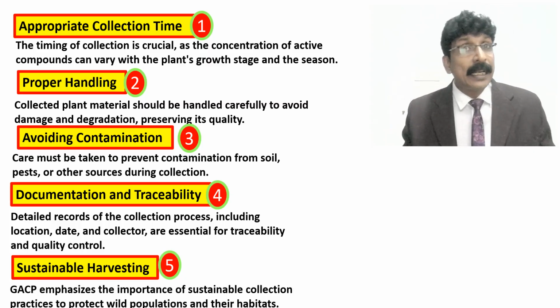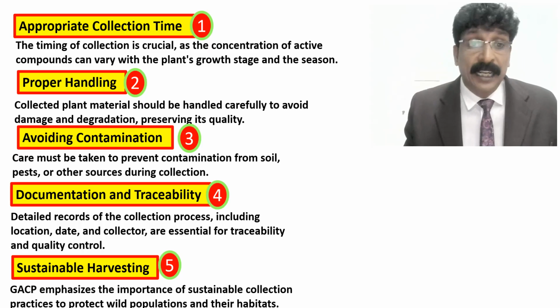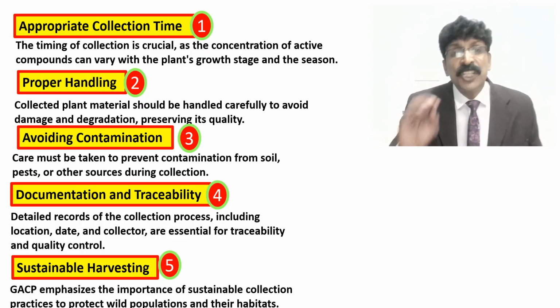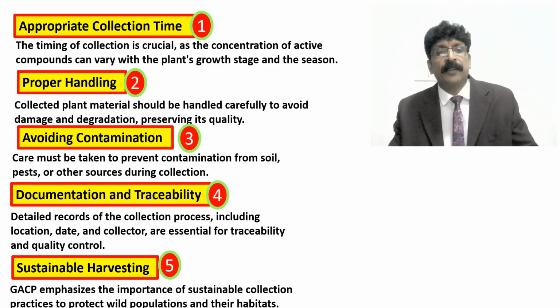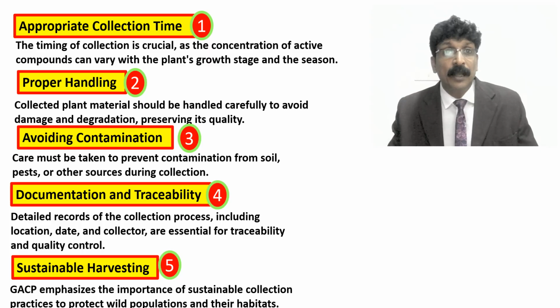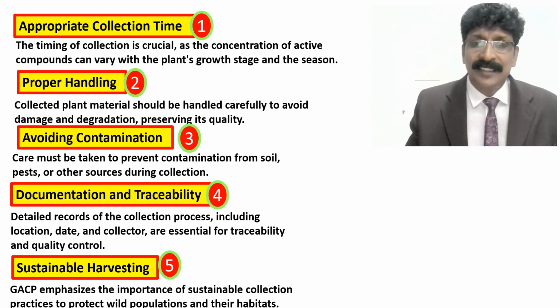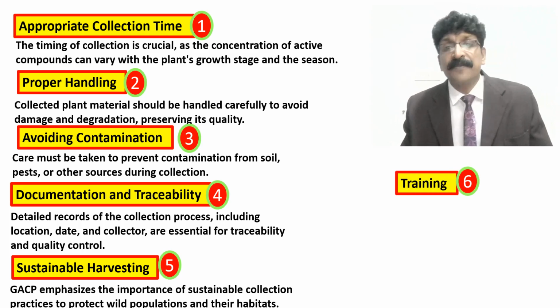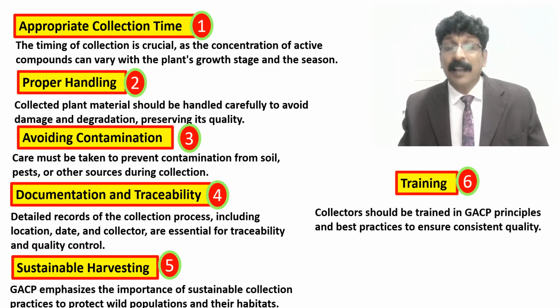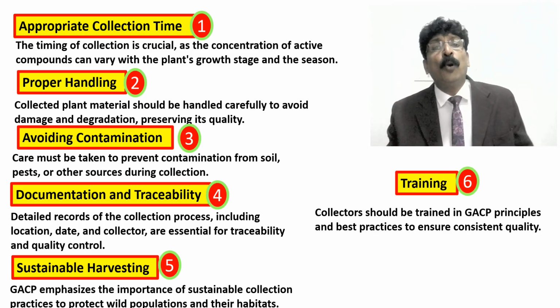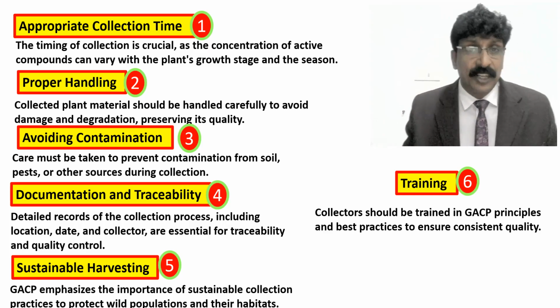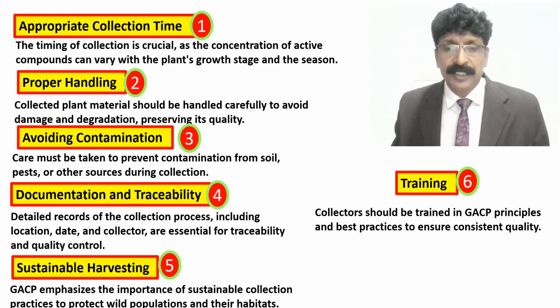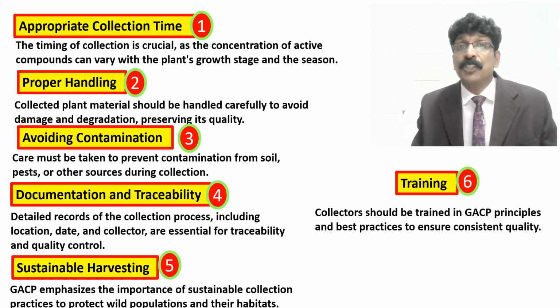Good agriculture collection practice emphasizes the importance of sustainable collection practice to protect wild populations and their habitats. And number 6, training. Collectors should be trained in good agriculture collection practice principles and best practices to ensure consistent quality.